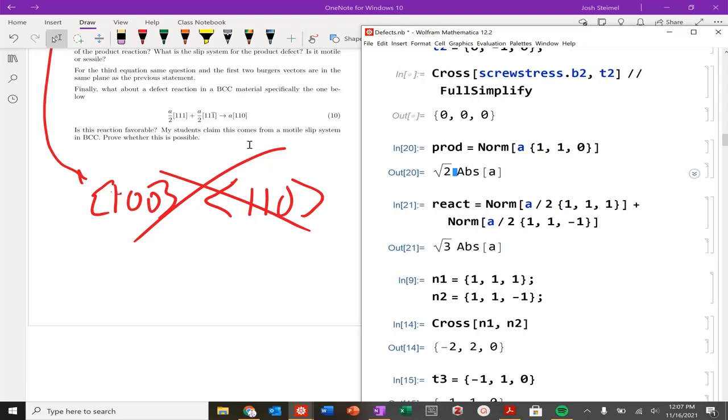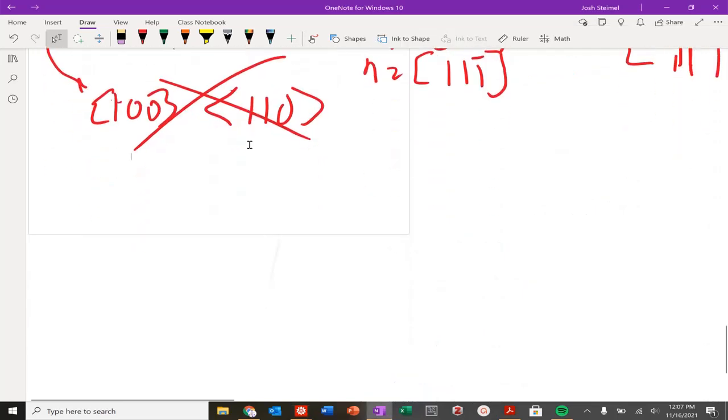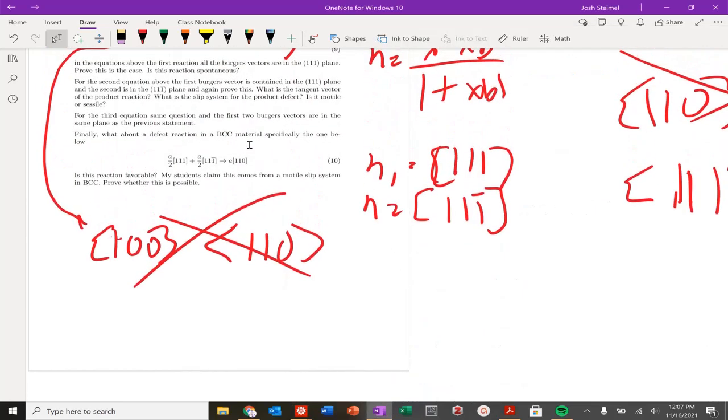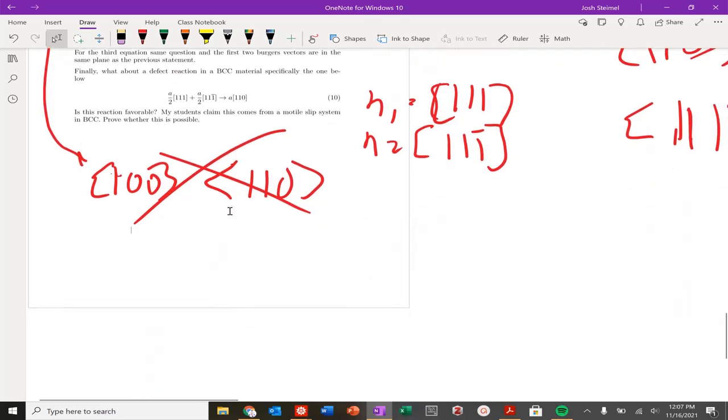So I'm looking at a defect in this system. I've got my Burgers vector. Now I need to see what would be, I actually need some additional information here. But let's go ahead and try to figure this out, because I need to know what's the plane that contains this vector, because this is my Burgers vector.